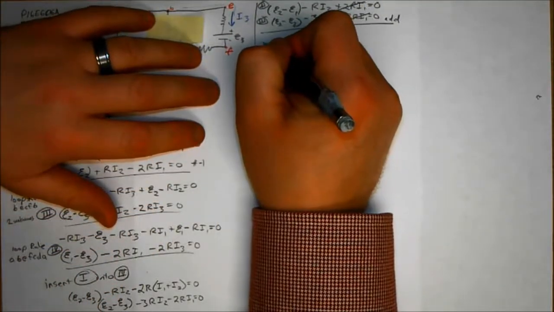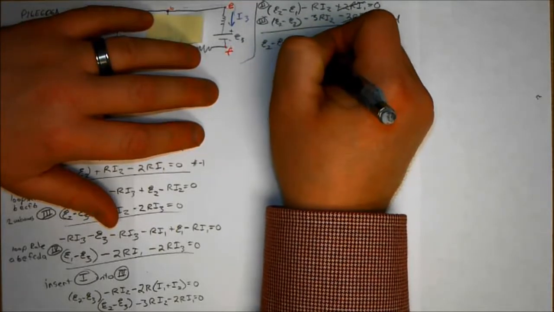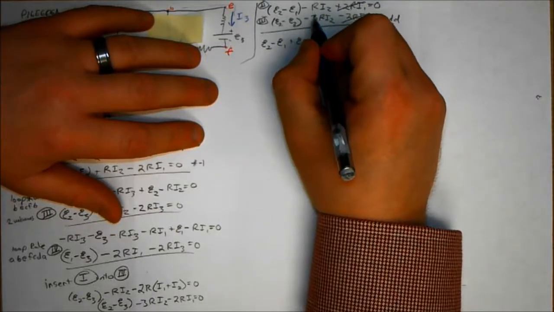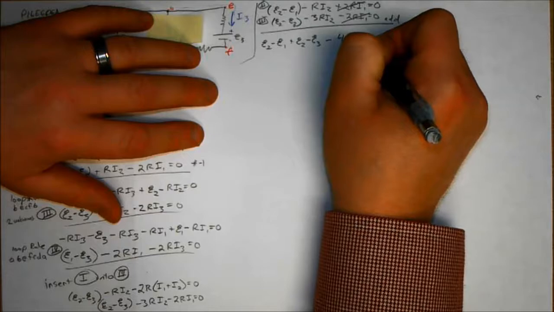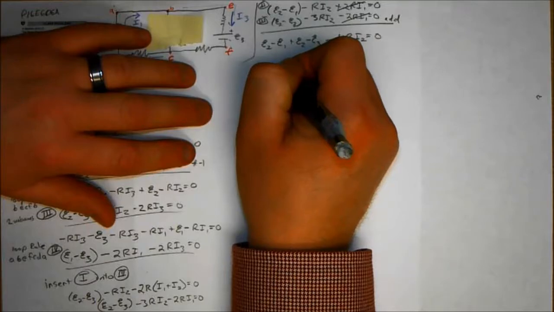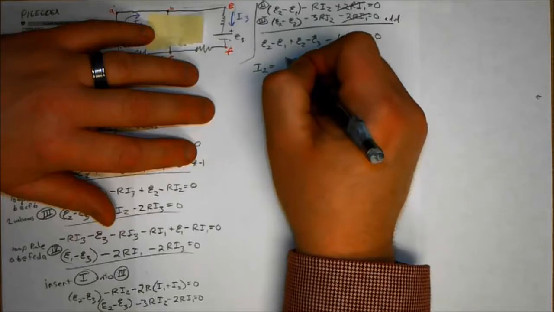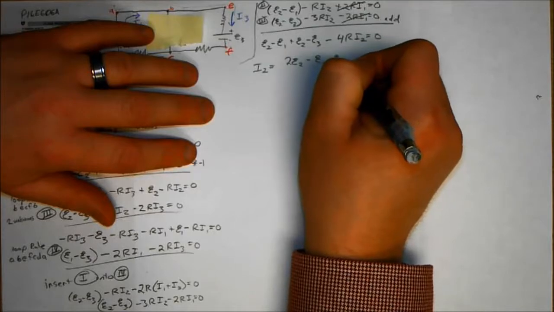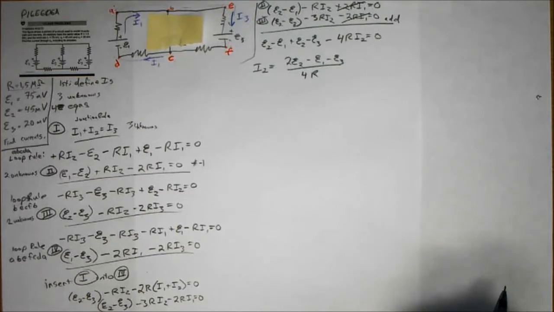So I am left with E2 minus E1 plus E2 minus E3 minus R minus 3R, so it's minus 4R I2 equals 0. Or I can say that I2 is equal to 2E2 minus E1 minus E3 all over 4R.